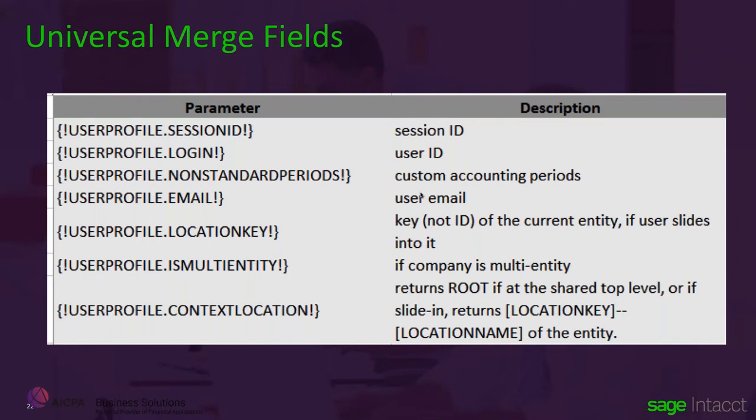What in the world are you doing? Get out of here, go away, right? You can do something like that. Or you can use where the user profile email equals the vendor email. Don't let them post their own transactions, kind of thing. So there's some things like that you could do with these universal merge fields as well.